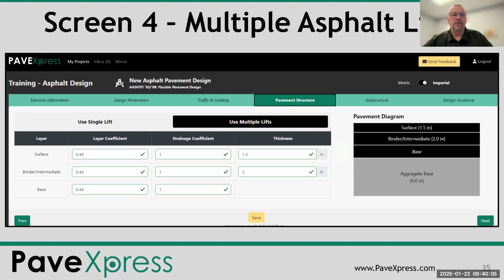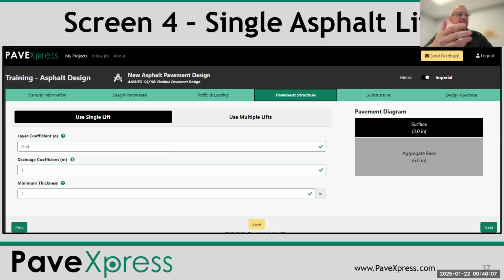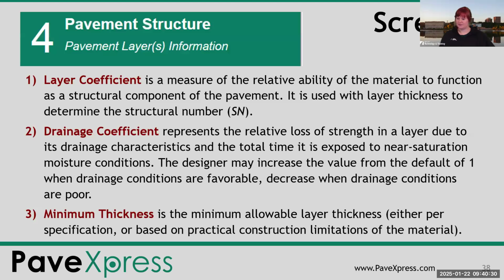Similar to the single lift, where we don't put in a thickness. We put in a minimum thickness if we have a minimum thickness requirement, because we don't want a design to come up less than 3 inches or something. Right, exactly. But we're basically figuring out the thickness that we need to satisfy that structural number.